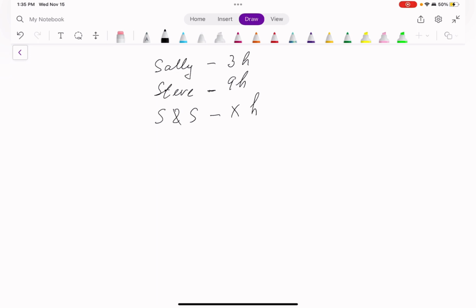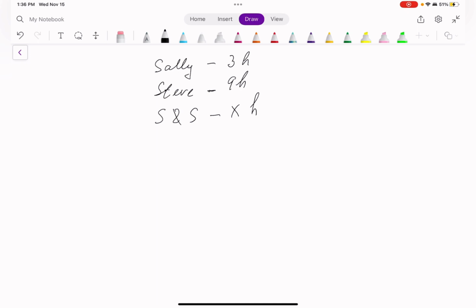So we need to find out what portion of the room Sally can paint within 1 hour. The room we are taking as the whole unit, 100%, portion-wise we are taking it as a 1.